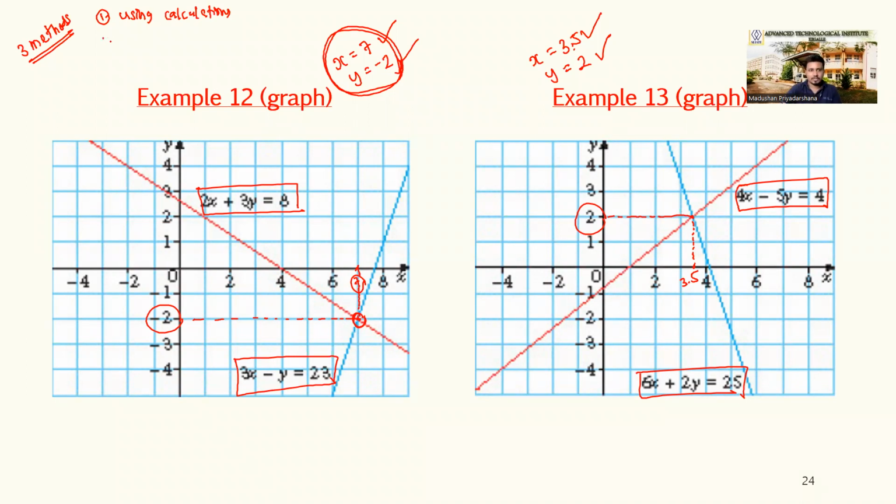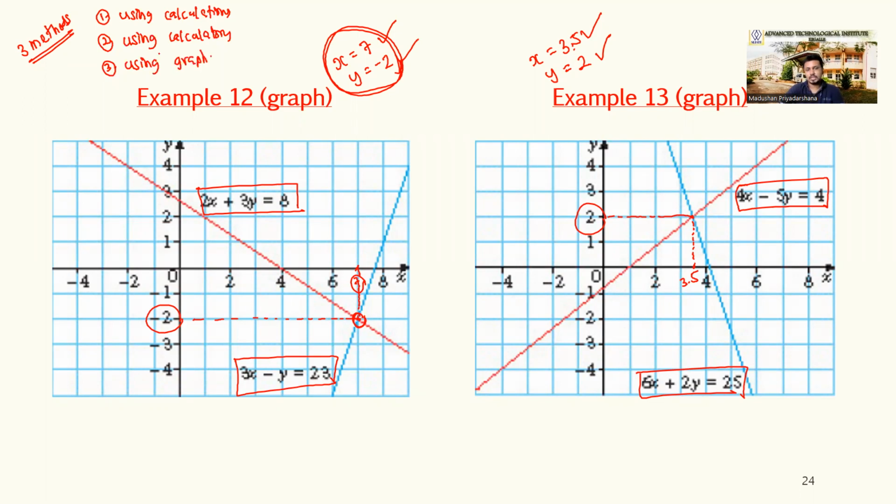And the second method is what? Using the calculator, right? Using your calculator, we can find the variables of simultaneous equations. And then what is the third method? Third method is using graphs.